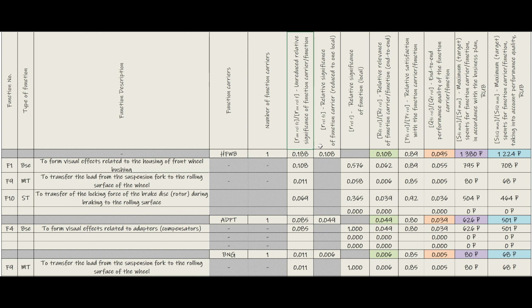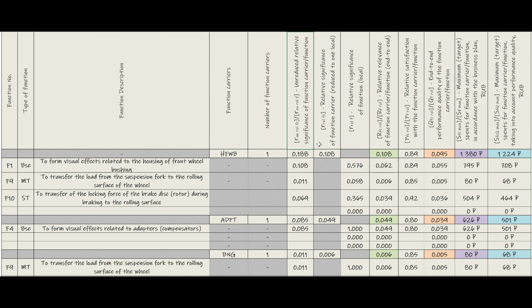This is marked like this: function carrier or function. For a list of function carriers in the column function carrier and their corresponding functions, we enter values marked unreduced relative significance function.